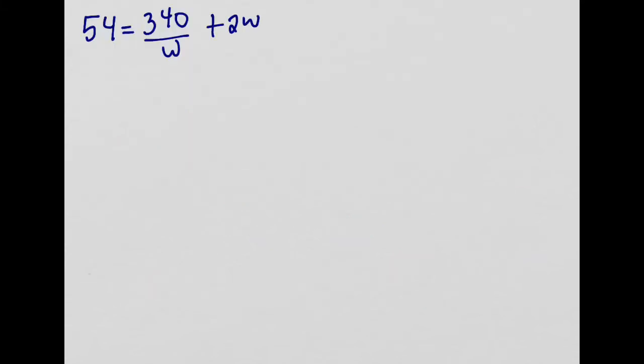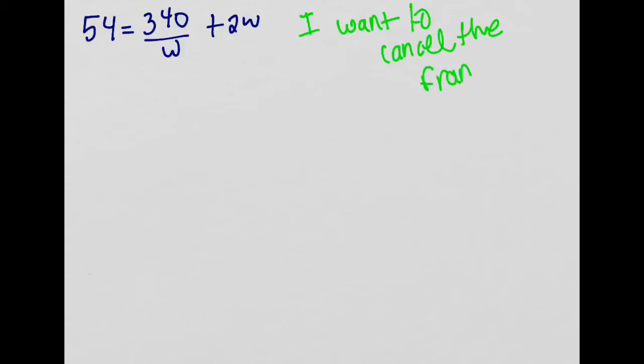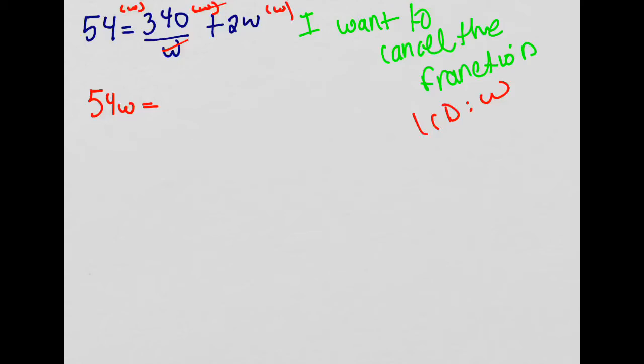Okay. Now I don't want fractions. I want to cancel the fraction. So I'm going to multiply by the LCD. In this case, the least common denominator is W. So I'm going to multiply this side right here by W, right here by W, and right here by W. So I am left with 54W equals 340 plus 2W squared, where this W and this cancel.